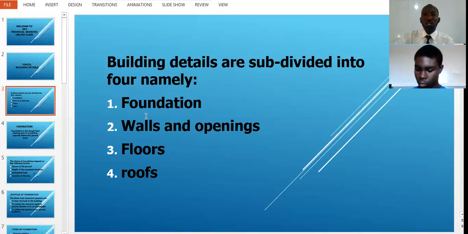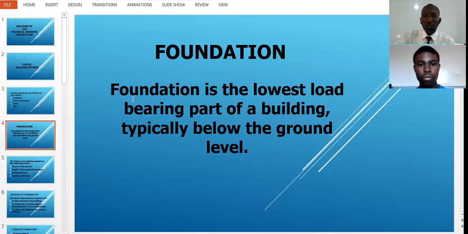For the purpose of this class, we are going to be considering what? Foundation. Yes. So what is foundation, using your own definition? What do you understand by the word foundation?